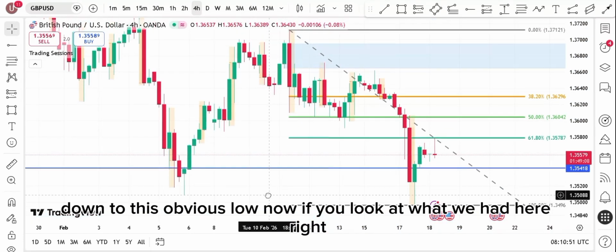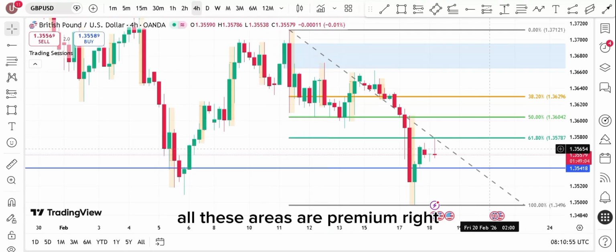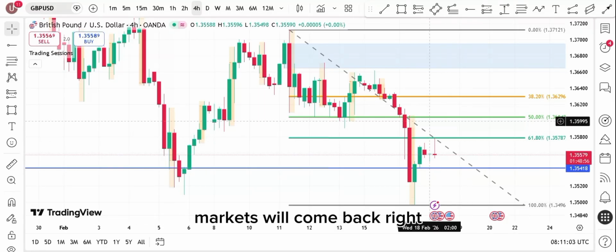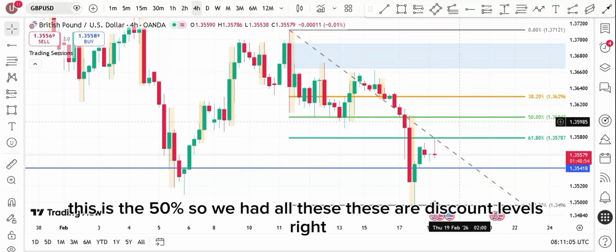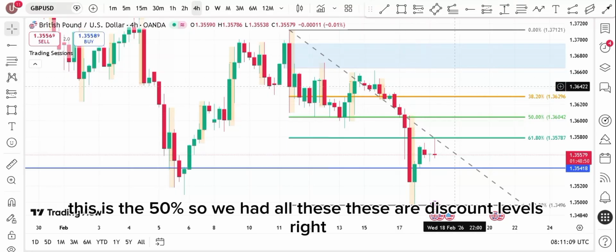Now, if you look at what we have here, all these areas are premium, right? What I mean by premium is that markets will come back, right? This is the 50%. All these are discount levels, right?